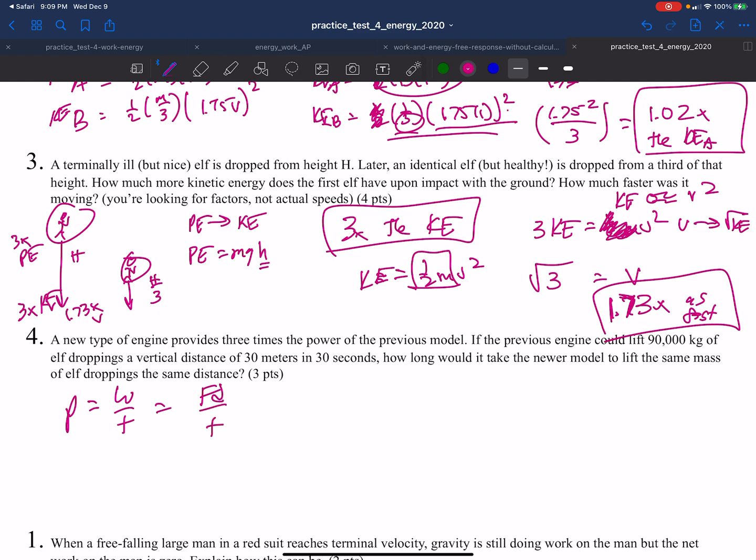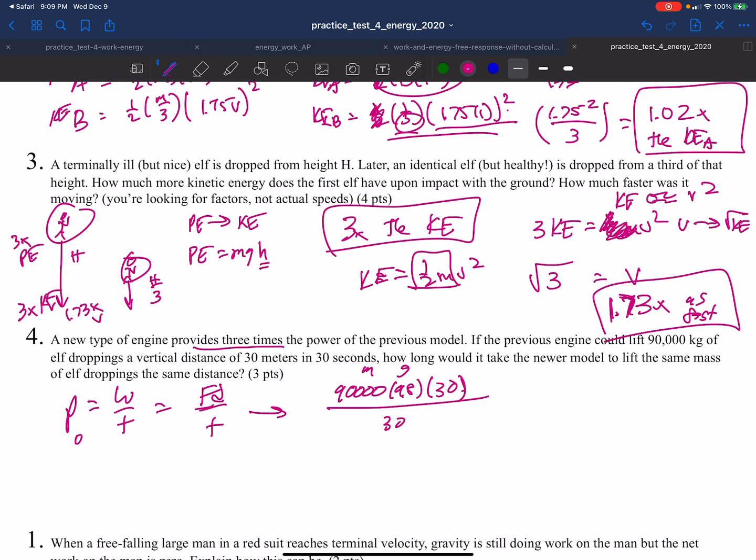So it provides 3 times the power. The previous engine, so let's just say P original for O, could lift 90,000 kilograms. Remember now the force has got to be the weight, so it's mg, so it's going to be 90,000 times mg. And it could do it at a distance of 30 meters, and it could do it in a time of 30 seconds.